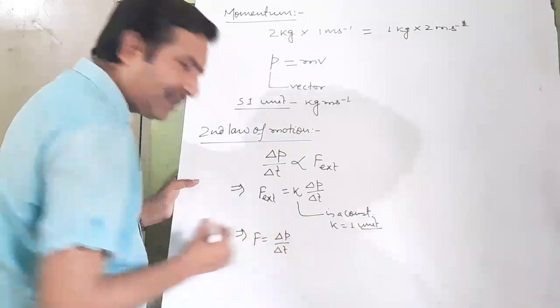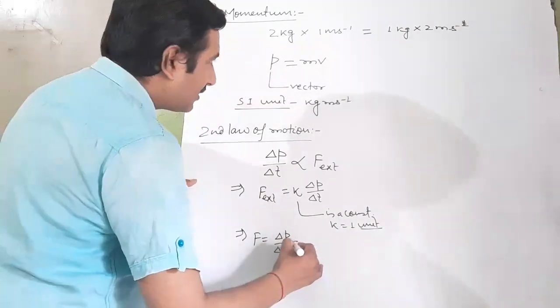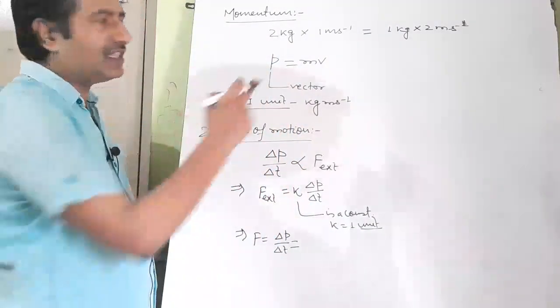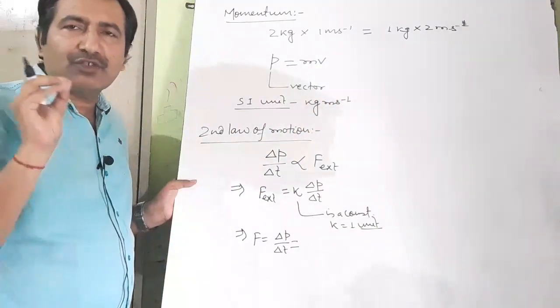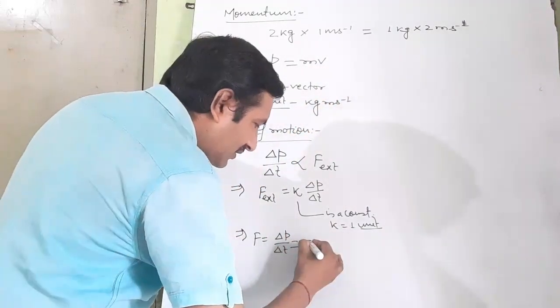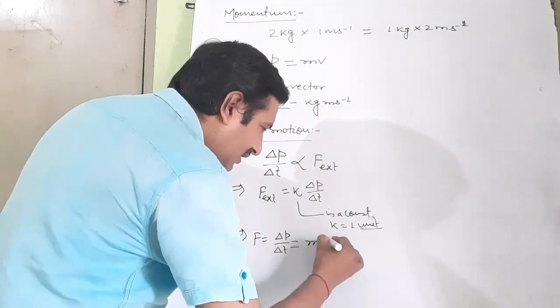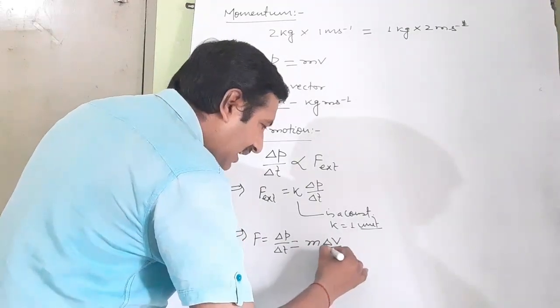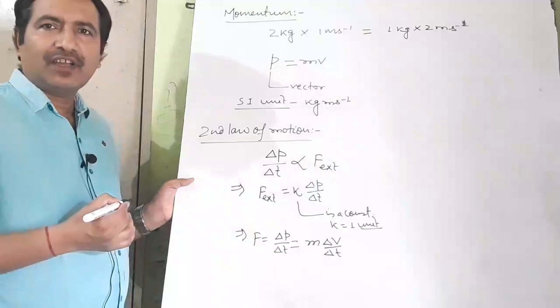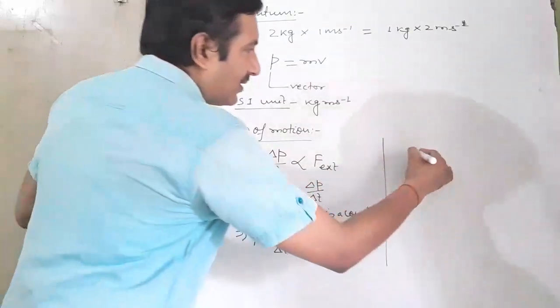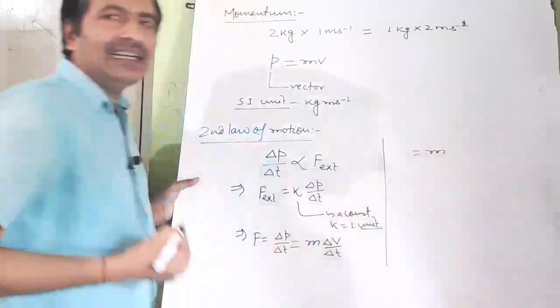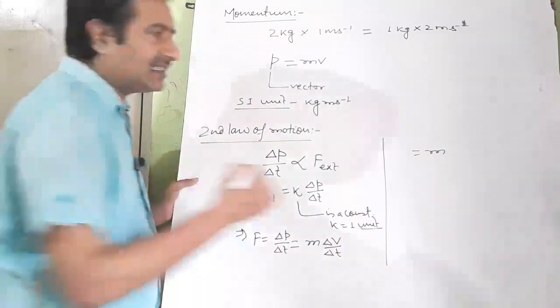You know delta P means mass into velocity. Mass of a body cannot change in normal situations. So this is mass into change in velocity by change in time. Got it? Now see, mass is m and delta V by delta T is acceleration a.